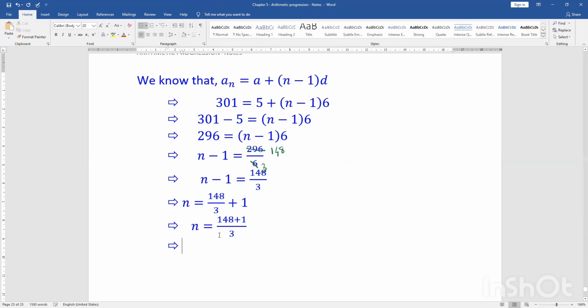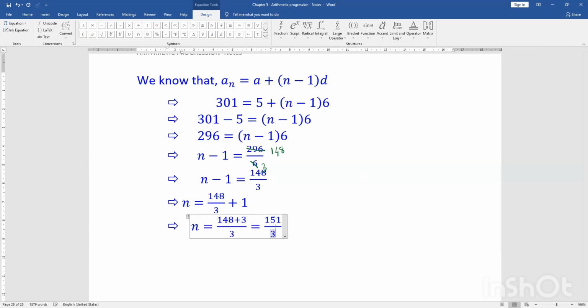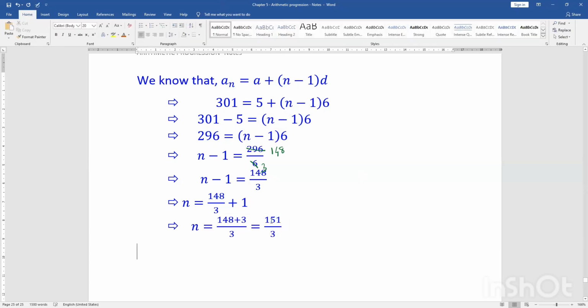I can directly write it here: 151 by 3, since it is 148 plus 3... this will be equal to 151 by 3.